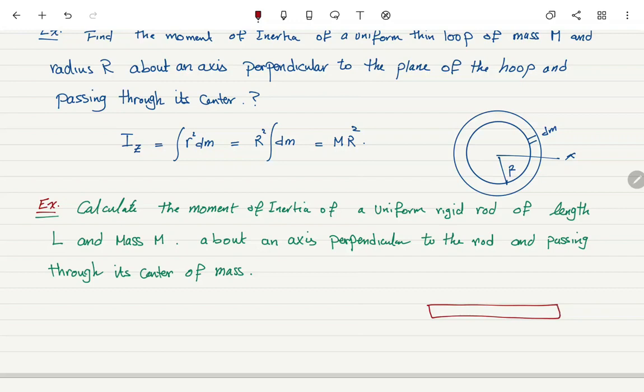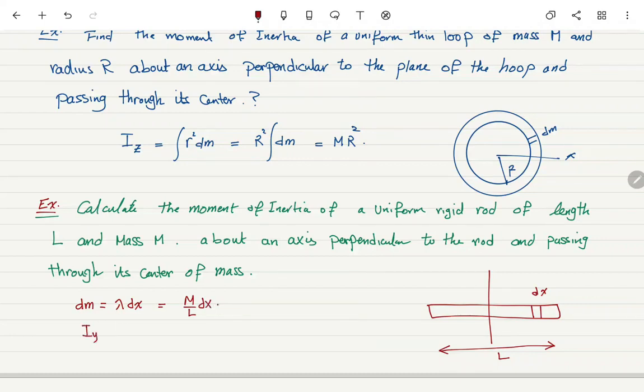Here's the rod, and here is dx, and this is the rotational axis. The length of this rod is equal to L. Now dm, the mass element, is equal to lambda dx, or m over L dx.